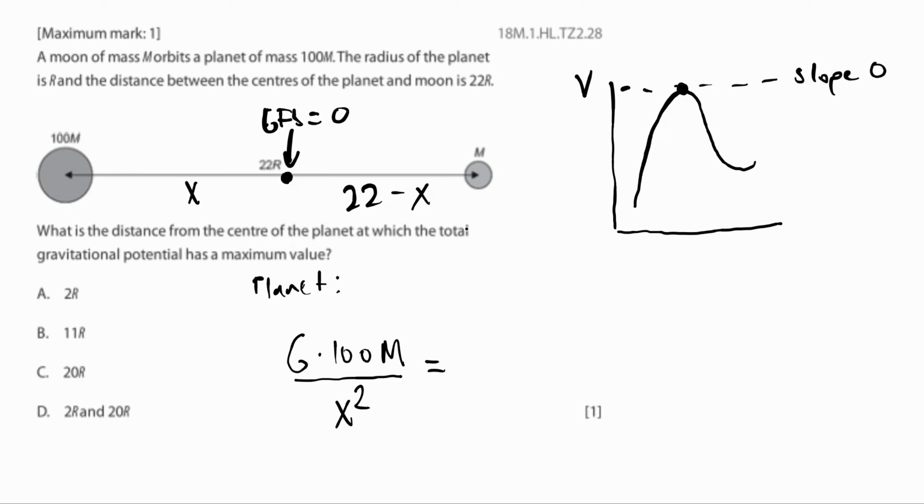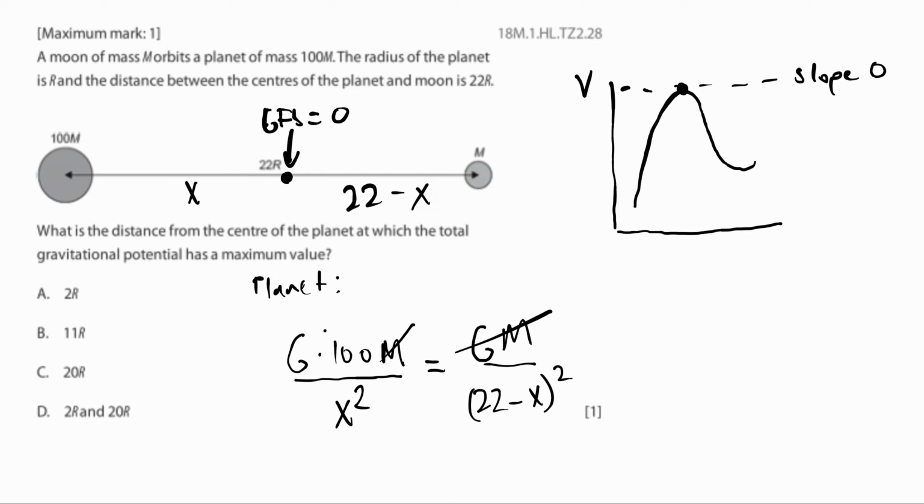So we can directly say that the moon GM over (22 minus x) whole squared is also equal to 0. And as they are both equal to 0, we can equate them with each other, and hence we create this equation.